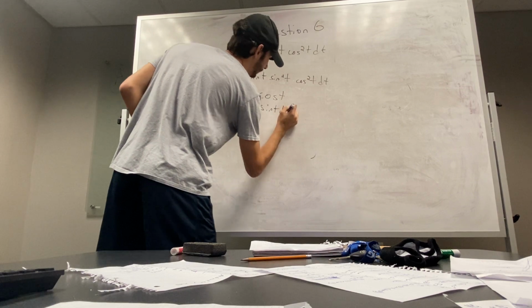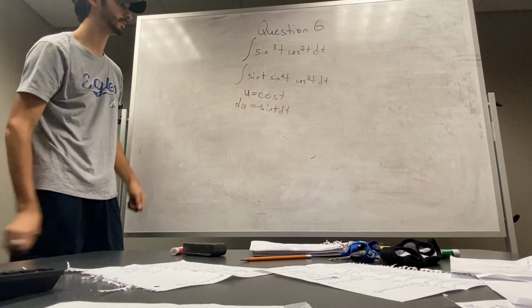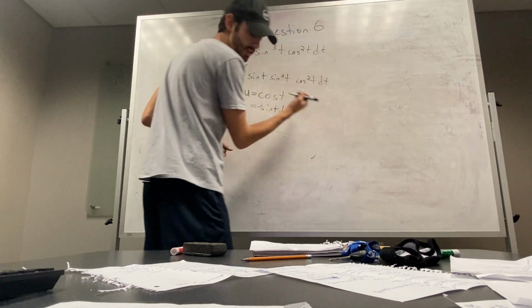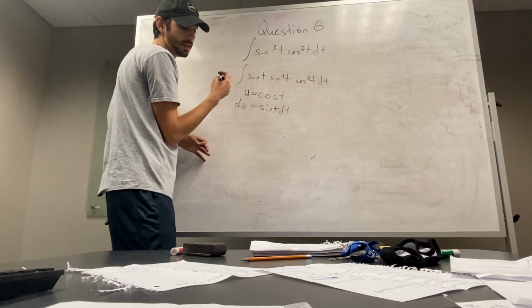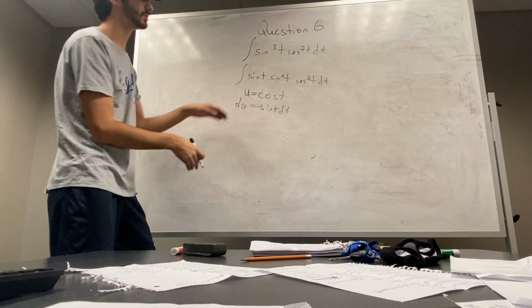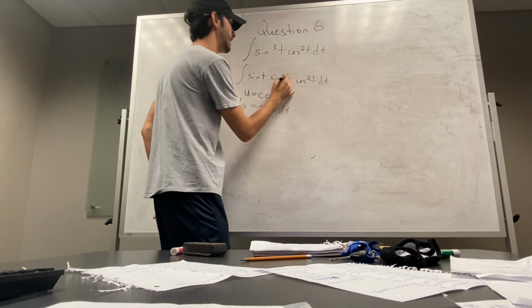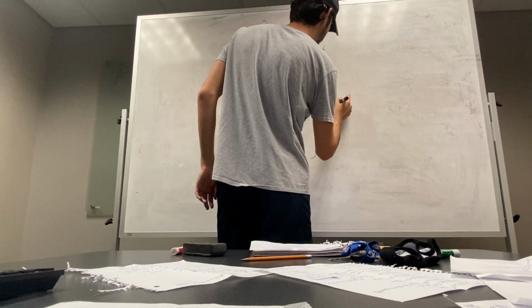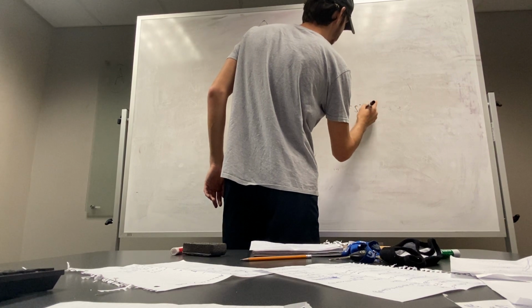Alrighty, so now we have our substitution values, and we're going to plug them into this problem. First thing that we need to do though is substitute this out for that trigonometric equation: 1 minus cosine squared t equals sine squared t.